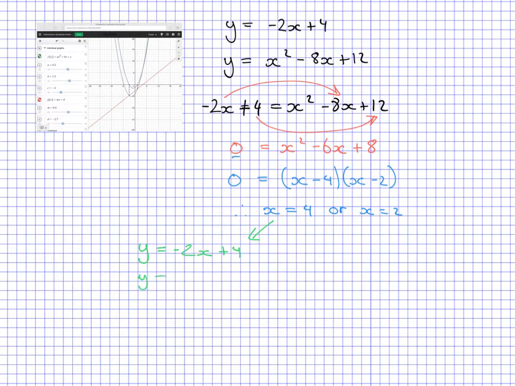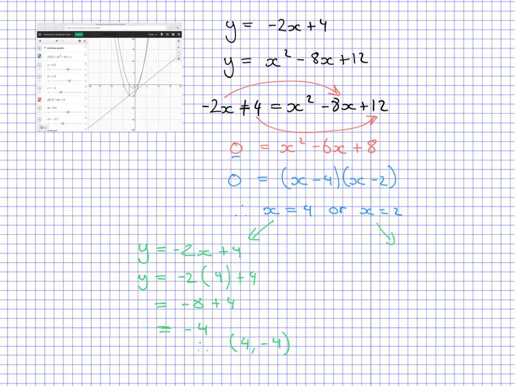So we'll sub y equals minus 2 times 4 plus 4, which equals minus 8 plus 4, which equals minus 4. So the solution here is, not x, sorry, coordinate 4, comma, minus 4.